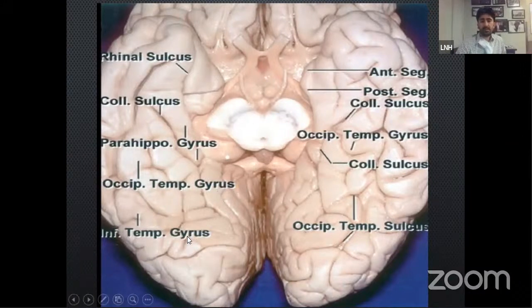And the inferior surface is basically formed by three gyri: the lingual gyrus, the fusiform gyrus, and the inferior temporal gyrus, which continues down from the temporal lobe up to the occipital lobe. Here we can see this portion is the lingual gyrus, and the medial portion is the fusiform gyrus, which continues up to the occipital lobe, and this portion is the inferior temporal gyrus.